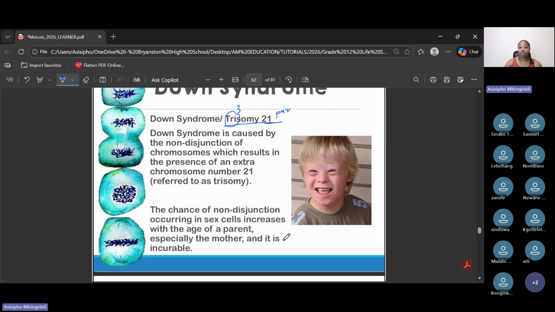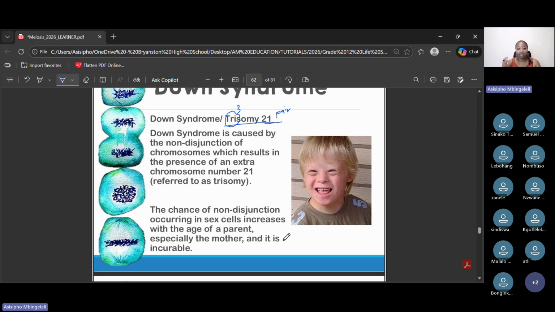Now, the chance of non-disjunction occurring in sex cells does increase with age. That is why they normally encourage females to have babies by a certain age, because non-disjunction has a higher chance of occurring in females, I think, at more than 40 years or 38.